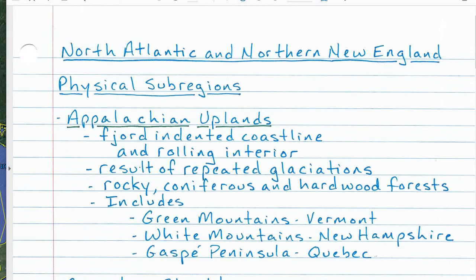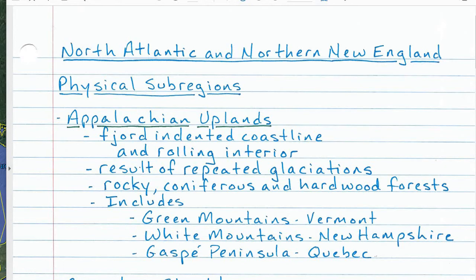And so we associate those usually with places like Norway, but we have those up there in Canada along the coastline of the Gaspé Peninsula. This is, of course, again, the result of repeated glaciations. So a lot of this area was sculpted by glaciers.